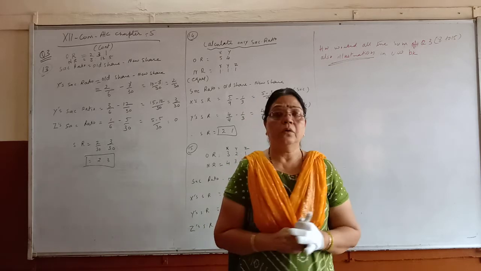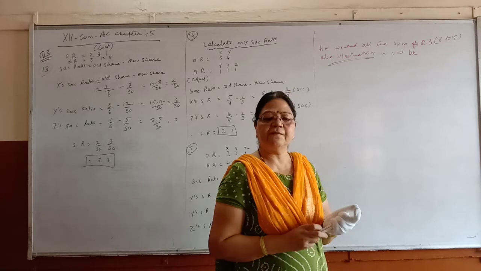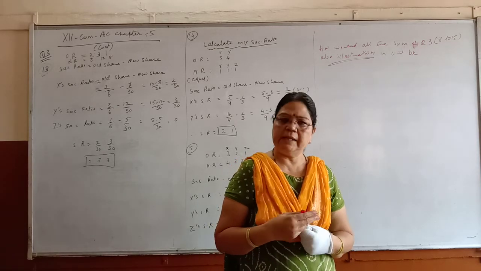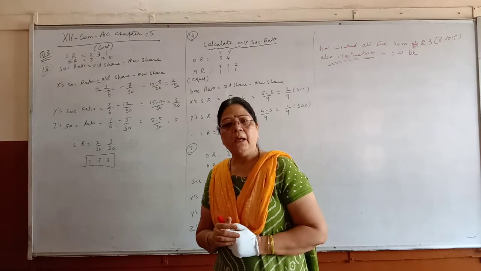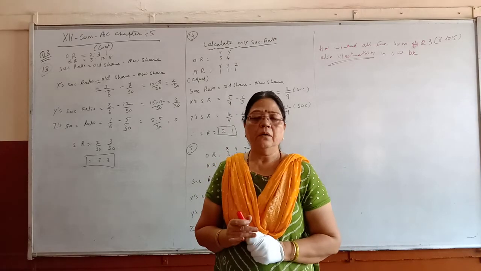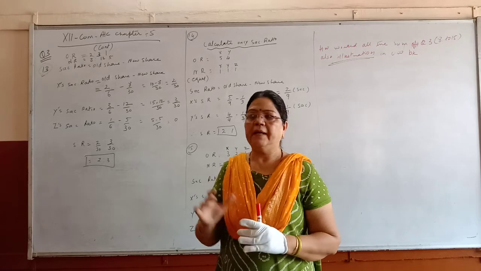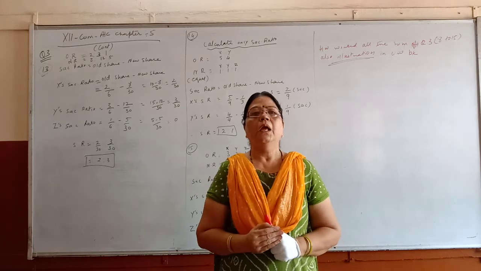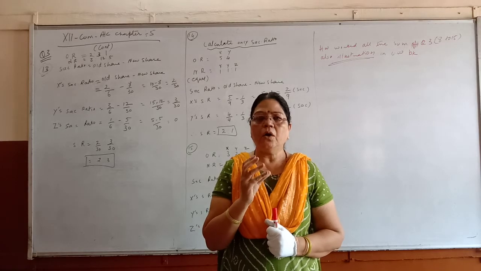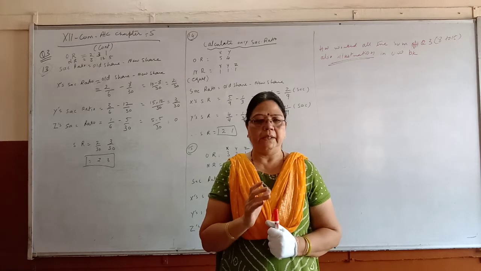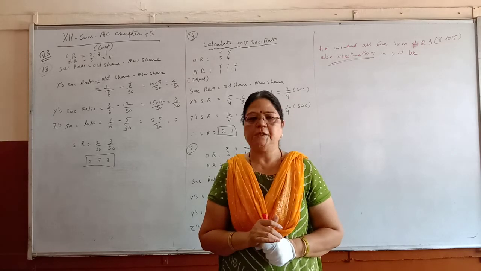You have to work out all the sums in your classwork book and also work out the illustration. In the next class, we will take the next topic, which deals with goodwill: the new partner who comes will bring his share of goodwill and also his capital. That we will see in the next period.